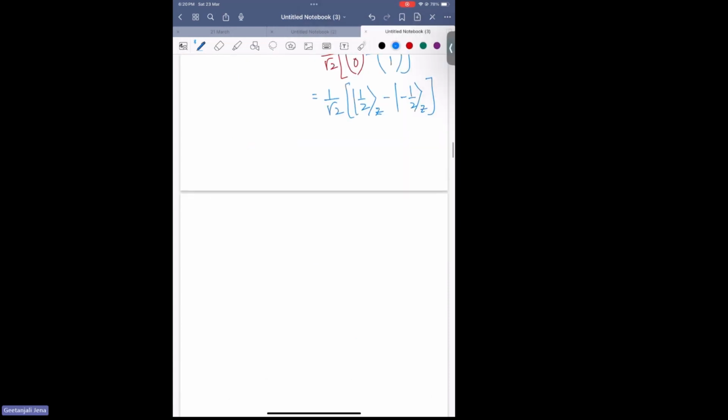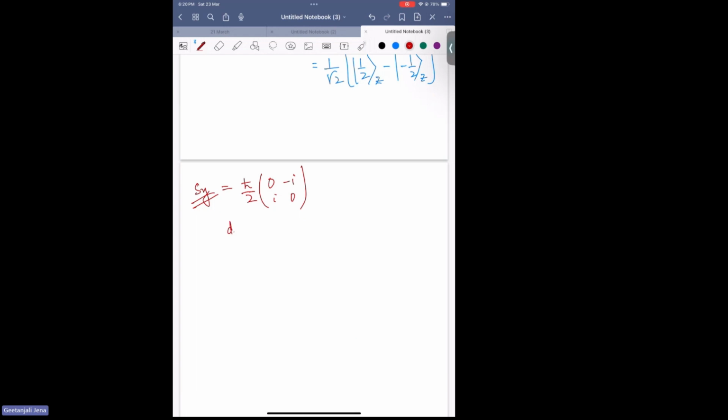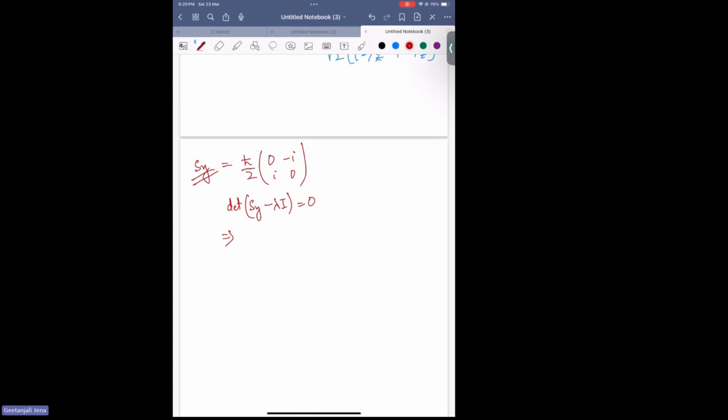So these are the eigenvectors of the Sx operator. Now if you want to find Sy, you have to follow a similar process. Let's see the matrix Sy. It is ħ/2 times the matrix 0, -i, i, 0. You have to solve the determinant of Sy minus lambda equal to 0. That means minus lambda, minus iħ/2, iħ/2, minus lambda, equal to 0.